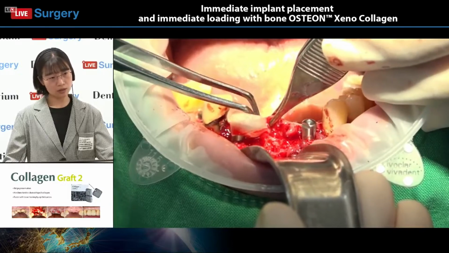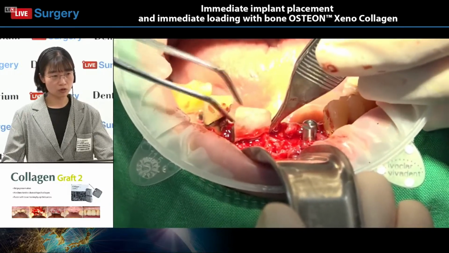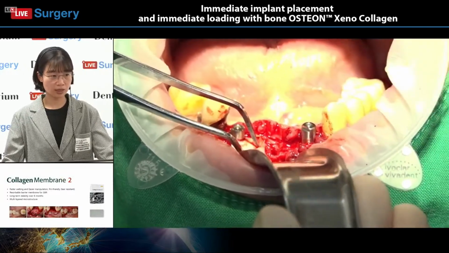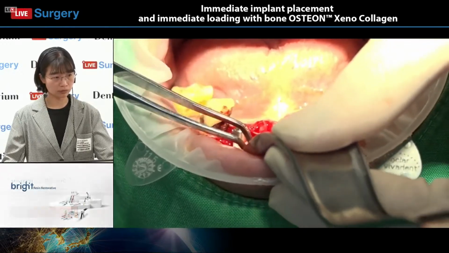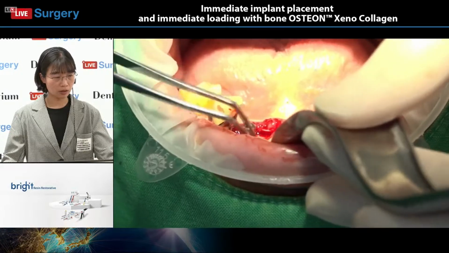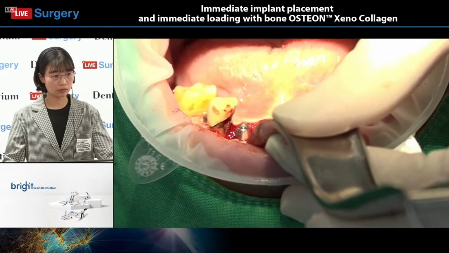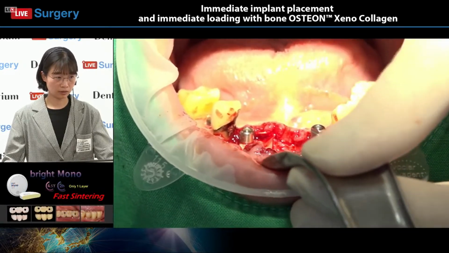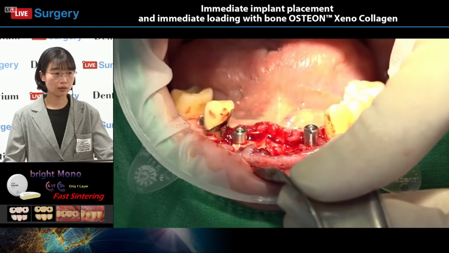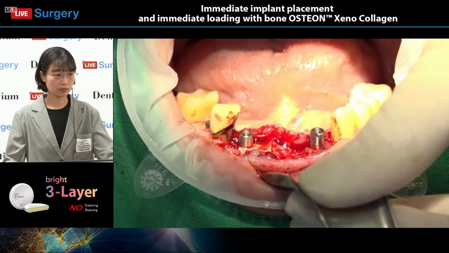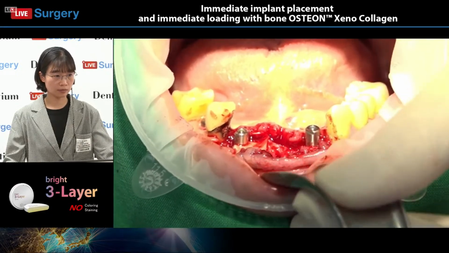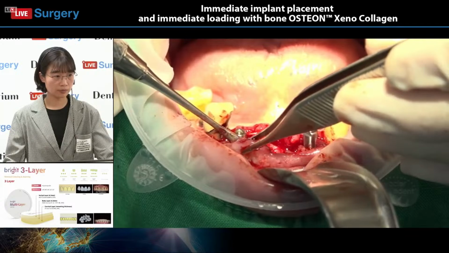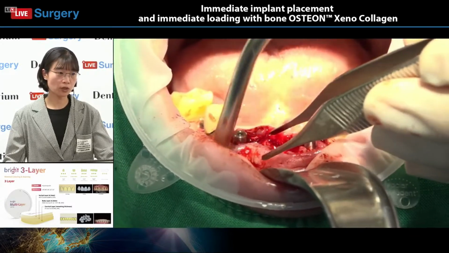He makes the shape for the proper coverage on the bone graft site, and the implant is covered with the gingival flap.